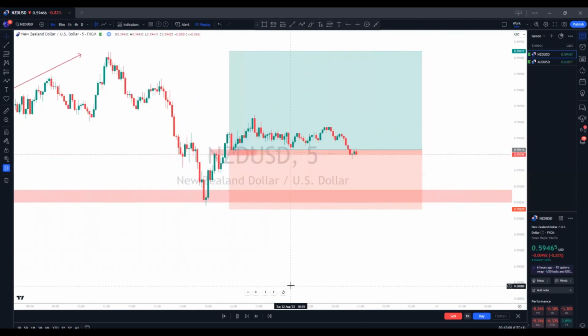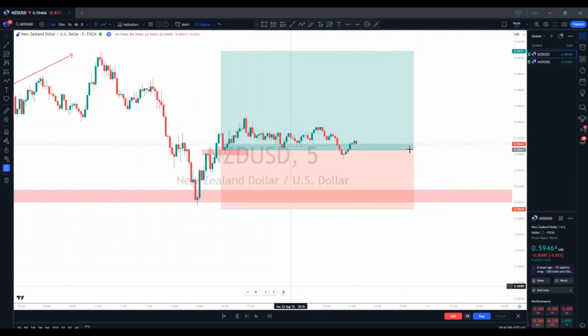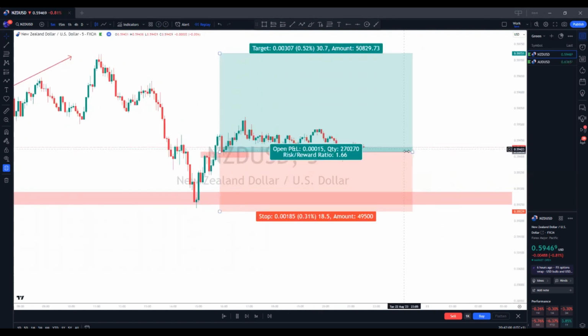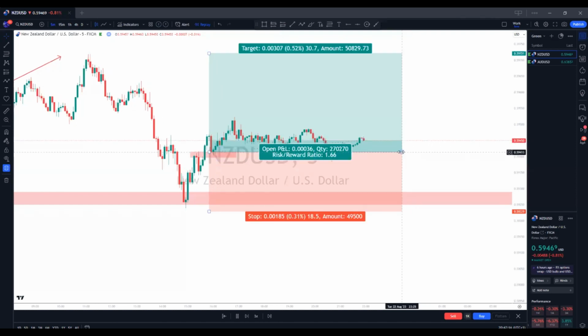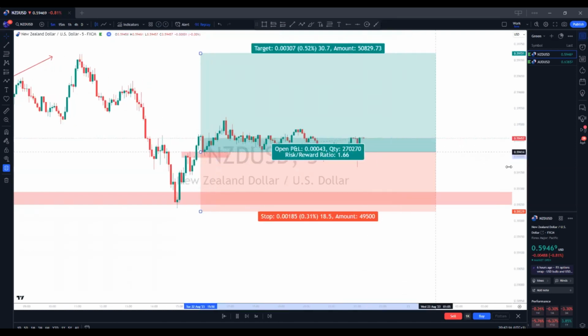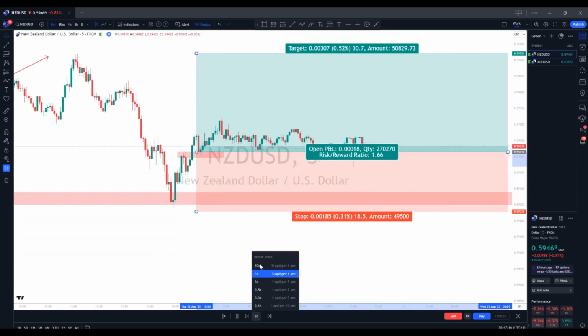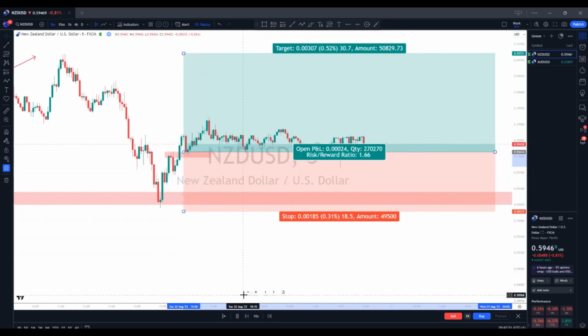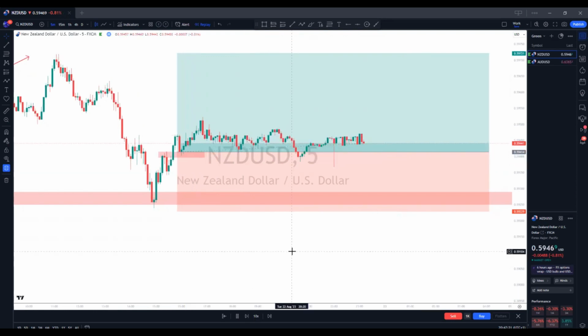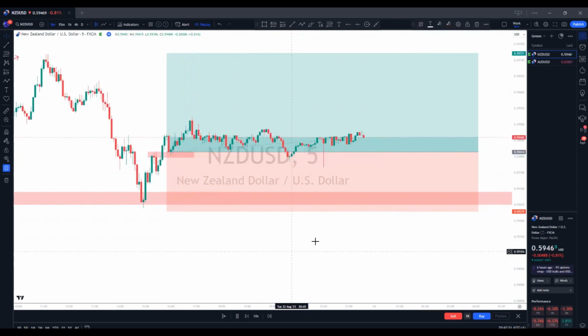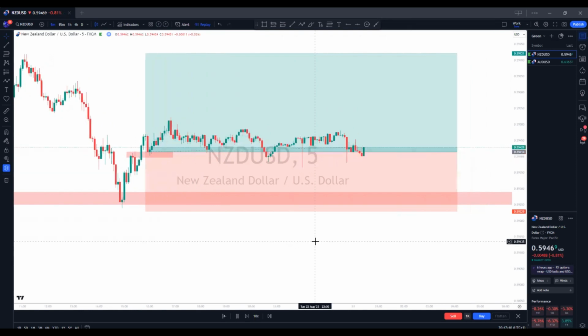This thing won't hit take profit again. Let me see. Why is the price just consolidating at one point like that? It doesn't hit take profit, doesn't hit stop loss.